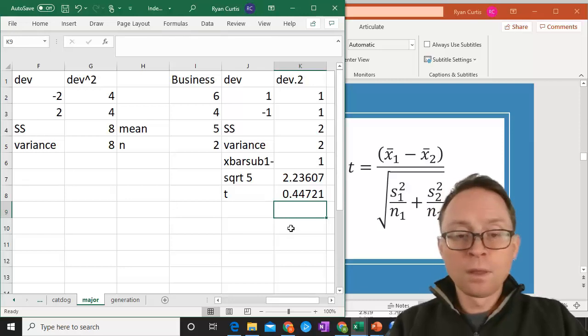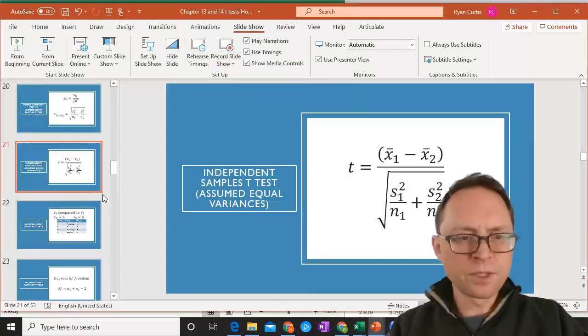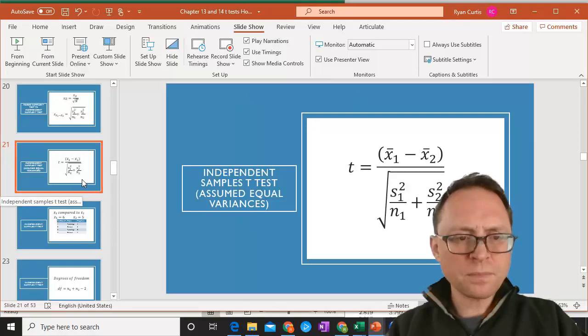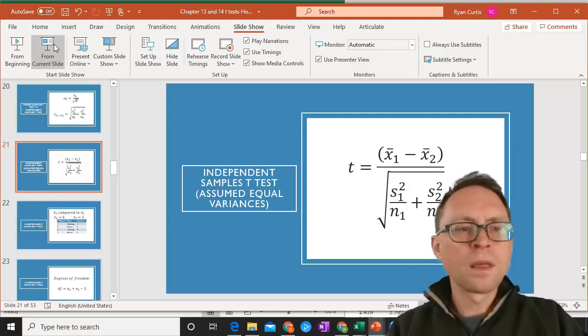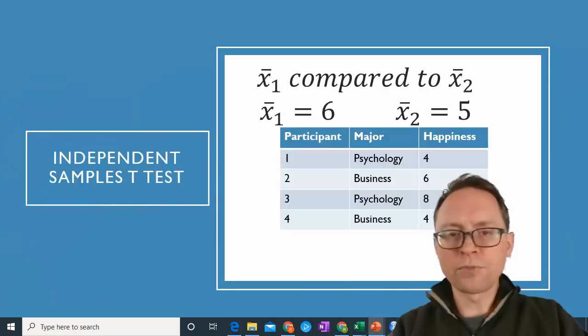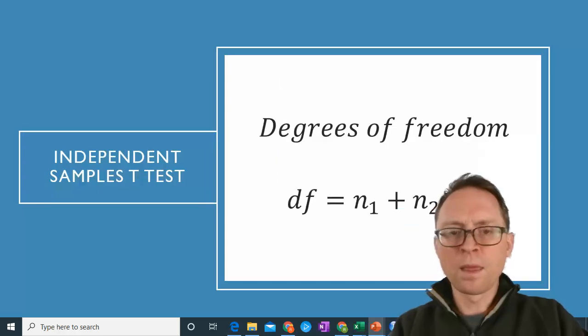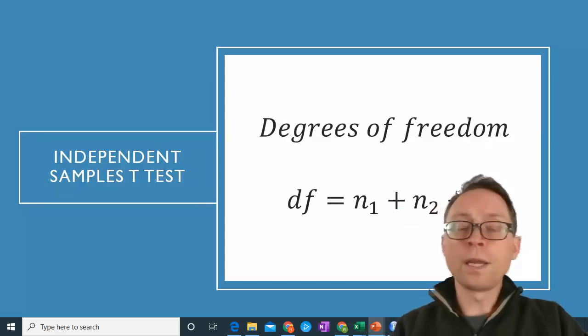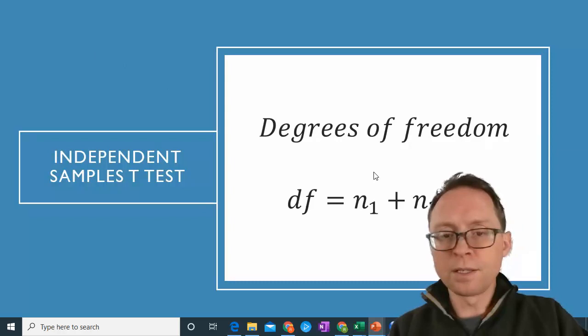Now, the next part, of course, is going to be to figure out the degrees of freedom and whether or not we're going to reject or fail to reject the null hypothesis. So this is the example we just did. The degrees of freedom for an independent samples t-test is n sub 1 plus n sub 2 minus 2.